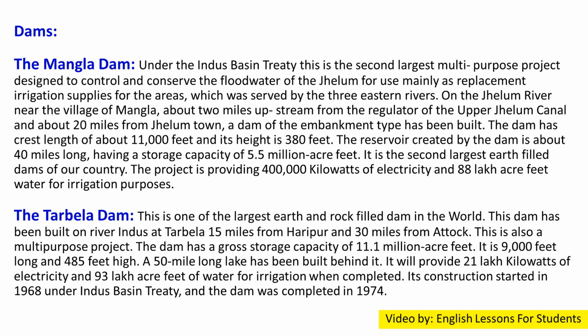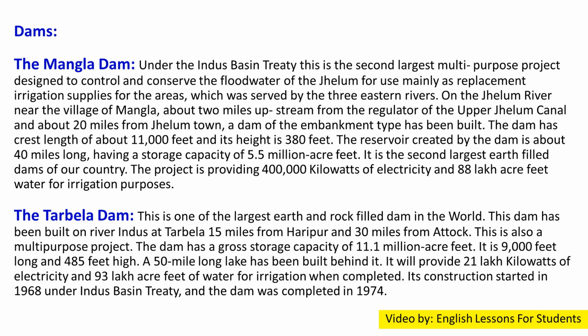On the Jhelum River, near the village of Mangla, about 2 miles upstream from the regulator of the upper Jhelum Canal and about 20 miles from Jhelum town, a dam of the embankment type has been built. The dam has a crest length of about 11,000 feet and its height is 380 feet.